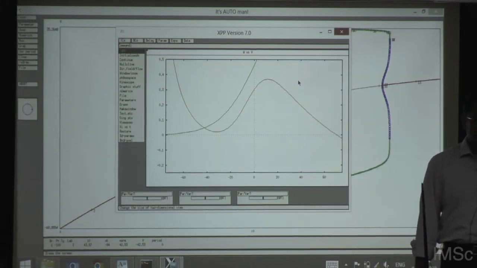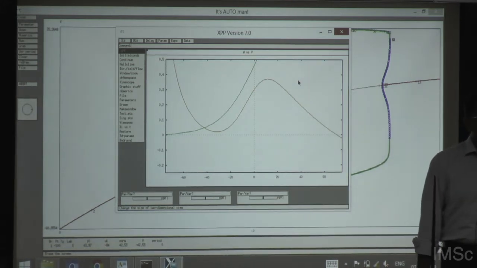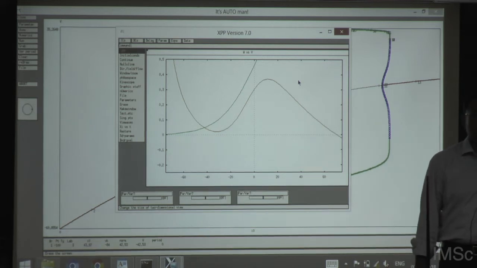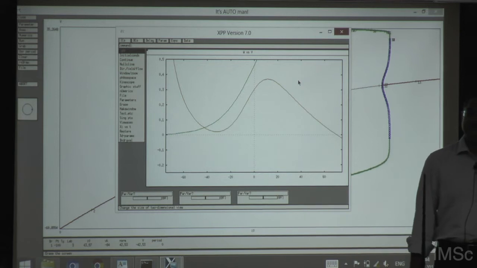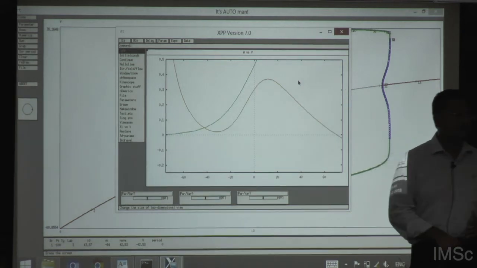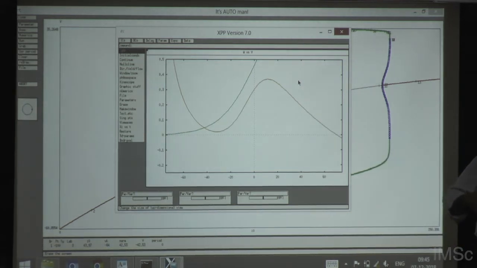In this case, it's a stable fixed point. So even if you make a slight mistake and you run trajectories from a point that is not truly a fixed point, but slightly away from it, it will still converge to the true fixed point, so you can get away with it. But when you have an unstable fixed point in the bifurcation, then picking the coordinates exactly so will take a little bit of work.